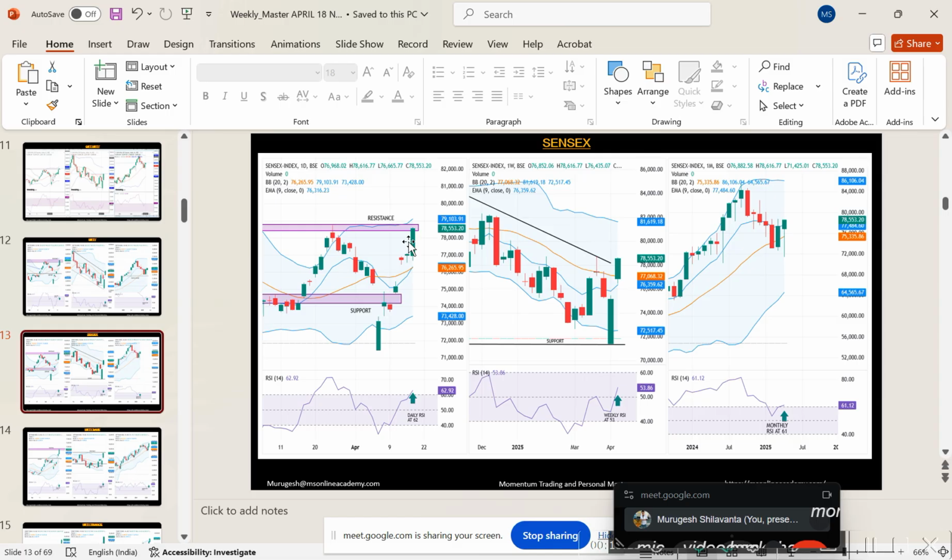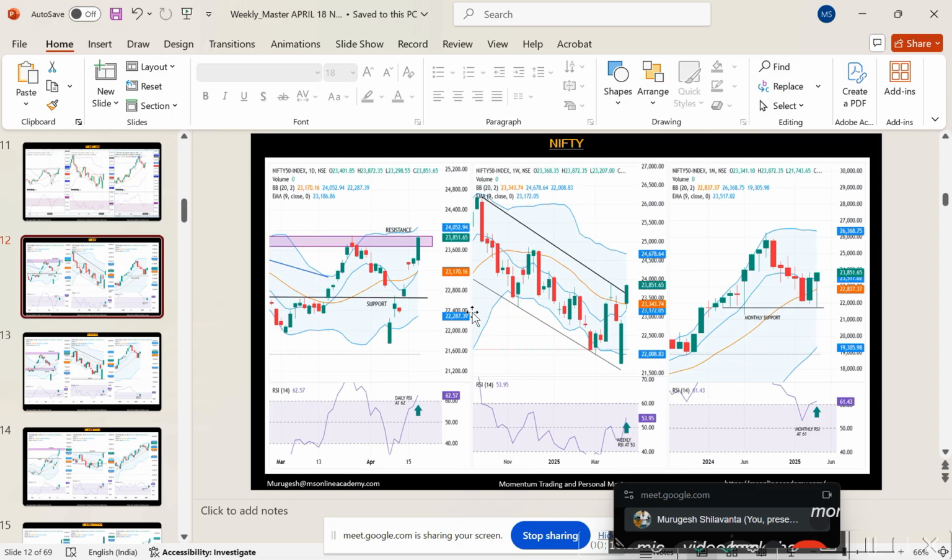For example, in Nifty, if it spends time between 24,000 and 23,800 or 700 for the next 2 to 3 days, then it is best. Because if it consolidates near the breakout price and after that gives the breakout, then that will be a sustainable breakout.